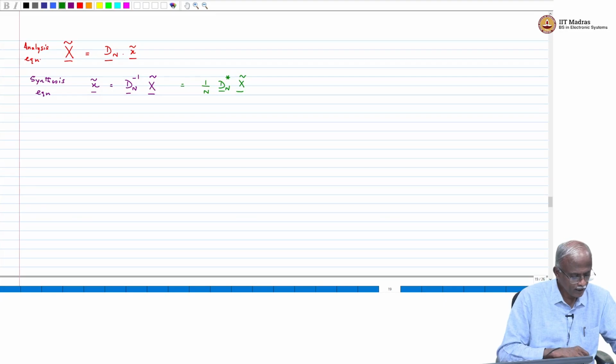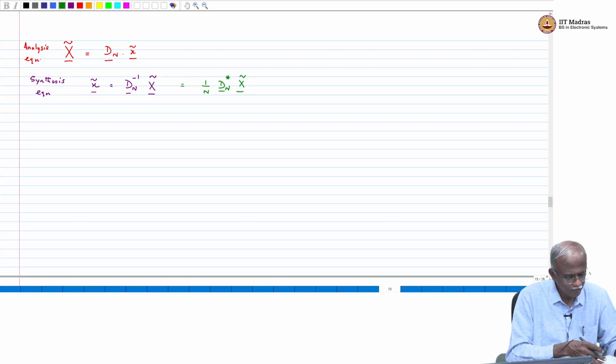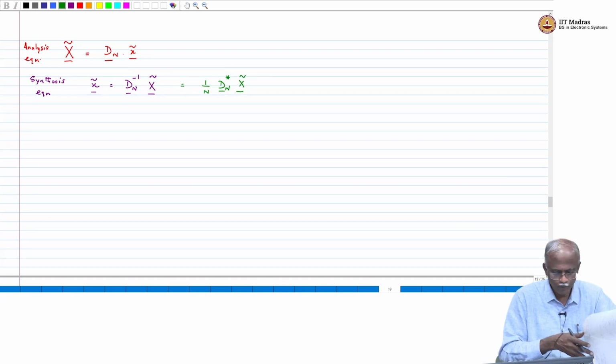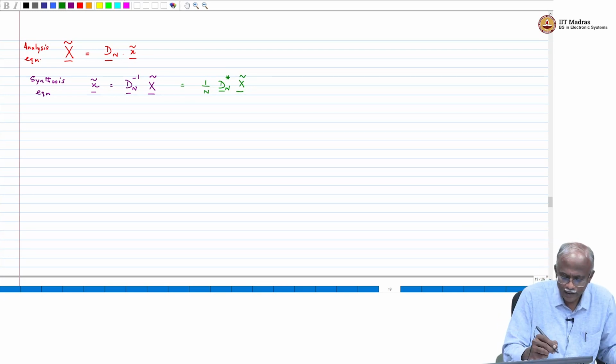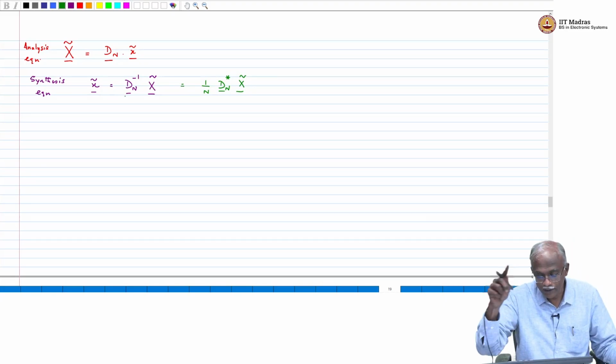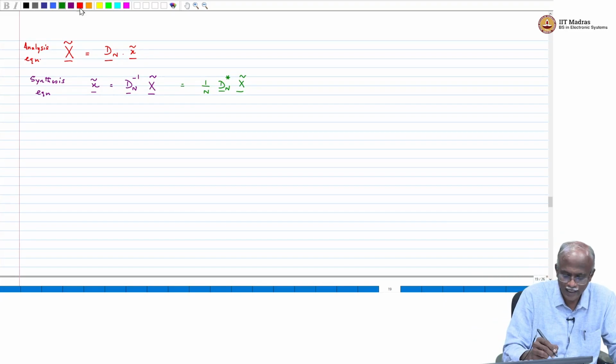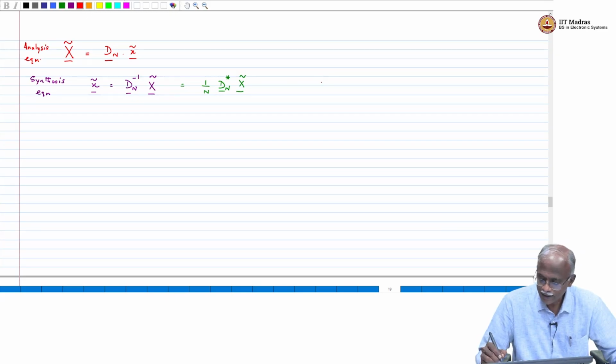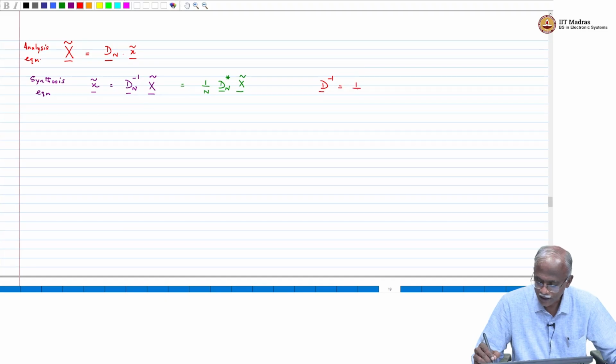This gives us a very important and helpful result: the synthesis equation is obtained by using the inverse of the matrix, and the inverse of the matrix doesn't have to be computed. You can obtain it just by a scale factor of 1 over n and conjugating the original matrix.